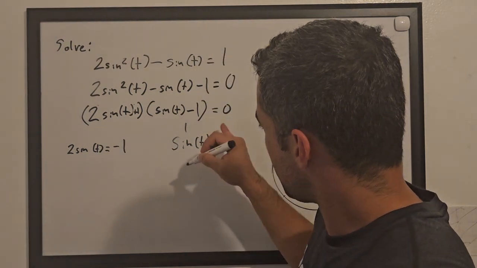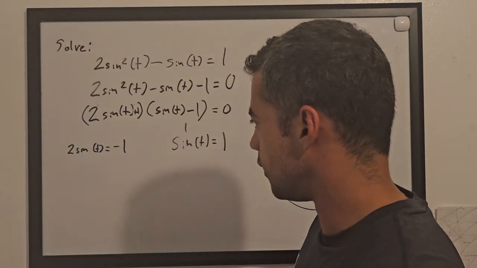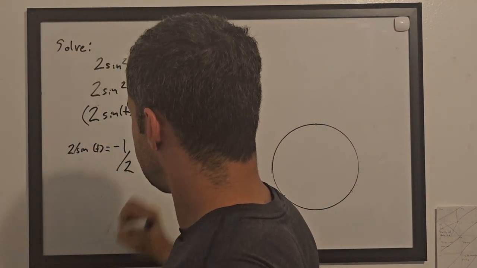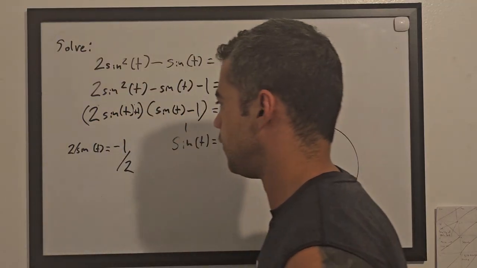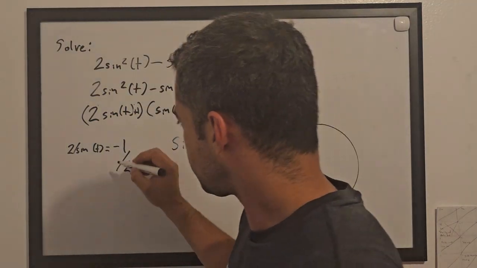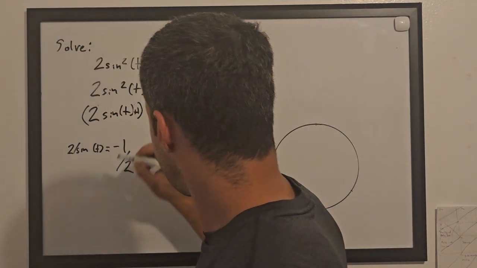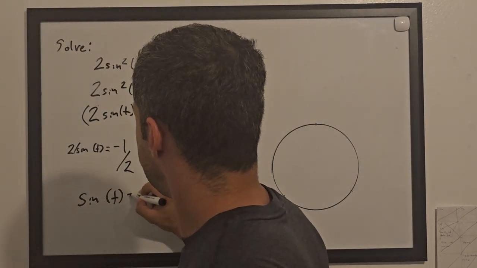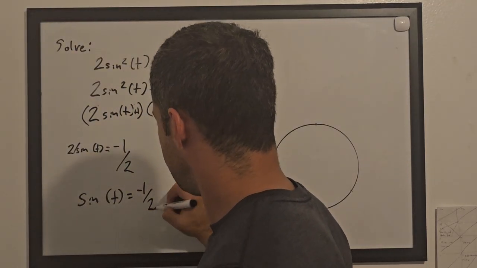So that 0 becomes a -1 on this one. Now we divide this by 2. So then we have sin t equals -1 half.